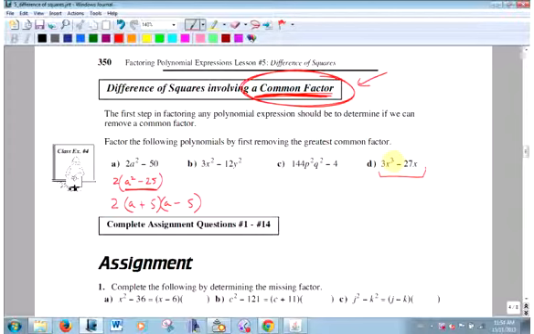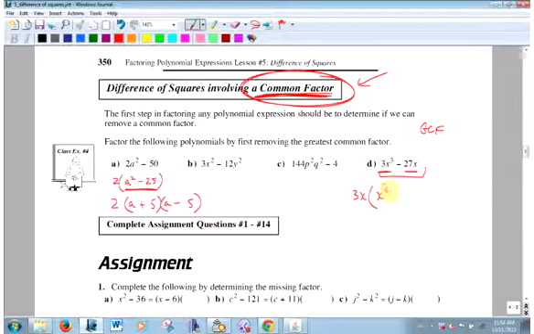X cubed. We haven't done one of those. But if I take an x out, it'll be an x squared, won't it? Is there something else I can take out of here? 3. Yeah, what am I asking? I'm asking, what's the greatest common factor between this and that? 3x. Take it out. What do you have left?